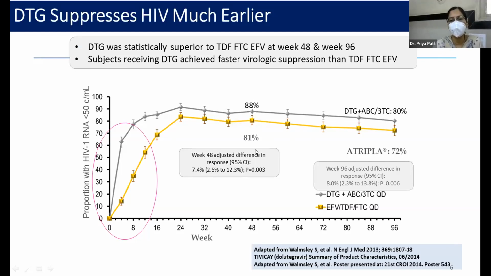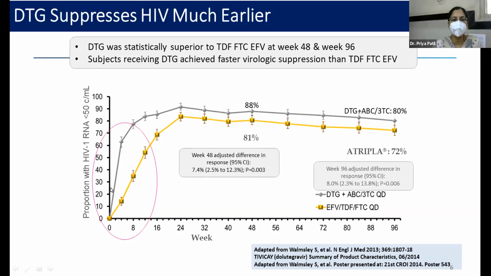So at 48 weeks it was superior to the PE regimen, and again this same efficacy continues at 96 weeks as well. So 80% compared to 72% achieved the viral suppression.